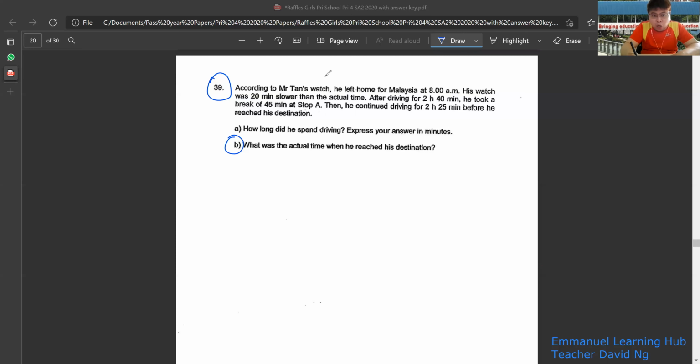According to Mr. Tan's watch, he left home for Malaysia at 8 a.m. His watch was 20 minutes slower than the actual time. So after driving for 2 hours, 40 minutes, he took a break of 45 minutes at stop A. Then he continued driving for 2 hours, 25 minutes before he reached his destination.